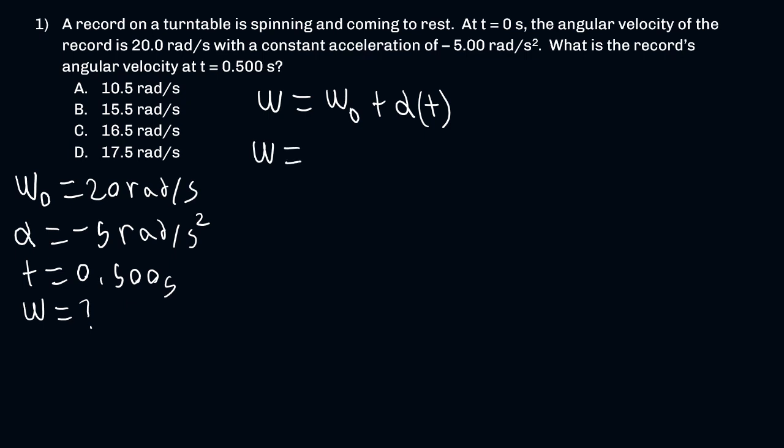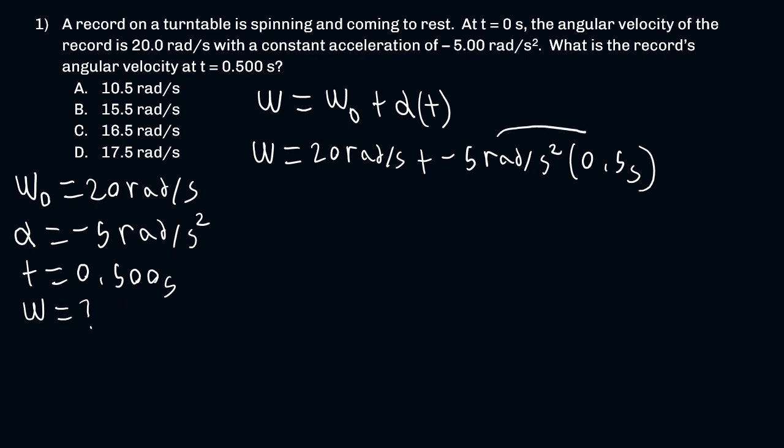This is equal to my initial velocity, 20 radians per second, plus my acceleration, -5 radians per second squared, times the time, which is just 0.5 seconds. First I'm going to multiply these two numbers together. So -5 times 0.5, plug it into my calculator, and I end up with -2.5.